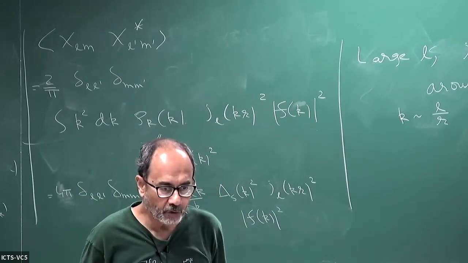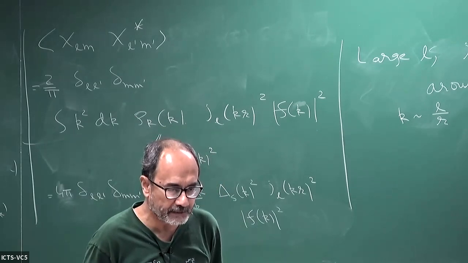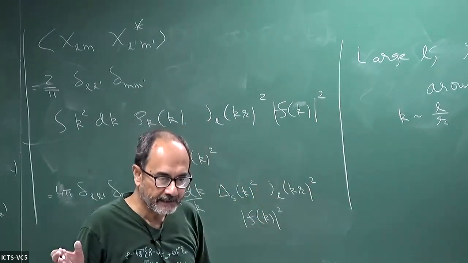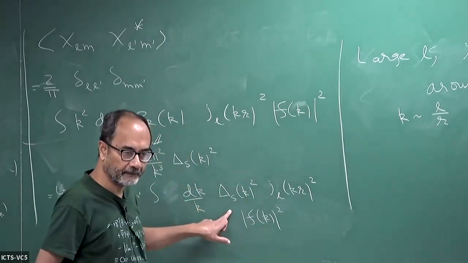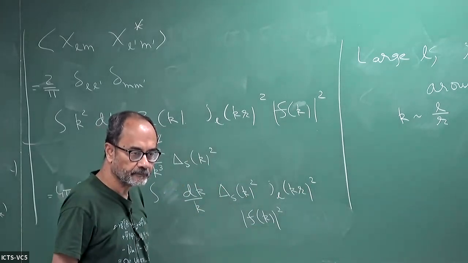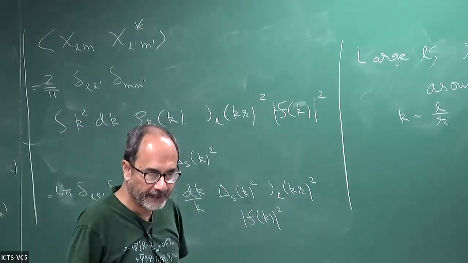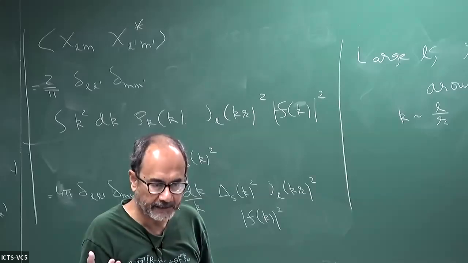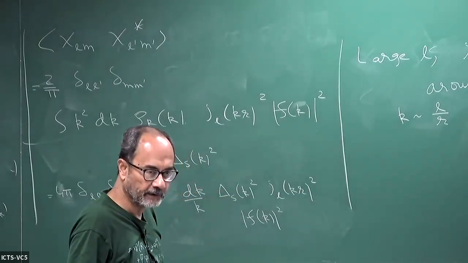So large L should correspond to large k. If we calculate this two-point function for large L, that actually picks up the fluctuations at large momentum, or short distance. This is why intuitively we had said it should happen, because large L is smaller angle, so smaller separation, that should be larger k. Here we see explicitly how it happens in this formula.